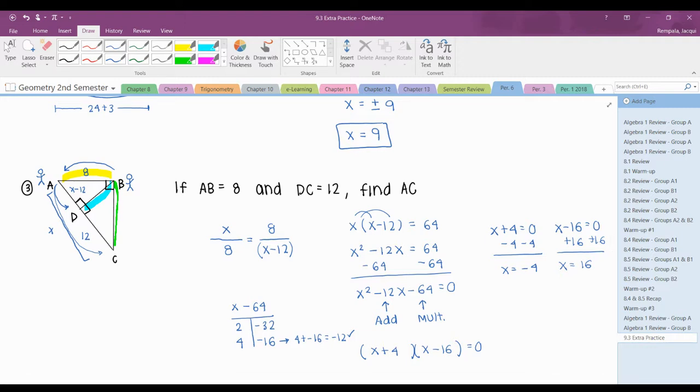We're trying to find AC, which is the length or the distance, and so negative numbers don't work there. That means my only answer is the positive number. Notice that it makes sense that 16 is bigger than 12, because 12 and something else are going to form that entire length. So 16 is my answer.